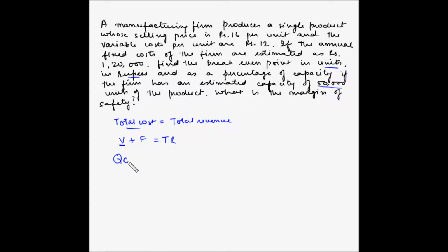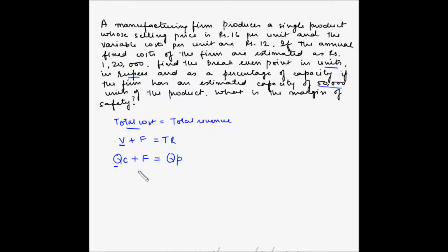That means the variable cost for producing 1 unit of the product, plus the fixed cost is F, and this is equal to total revenue. Now the revenue will be equal to the quantity which we are producing, Q, multiplied by the price at which we are selling. So let's say that is represented as a small p. So here the break-even point in terms of units will be the Q, or the quantity in terms of units.